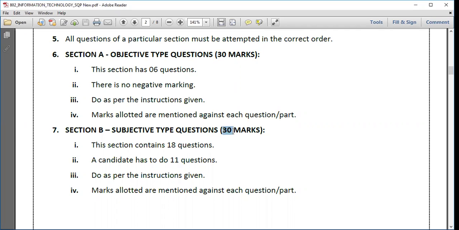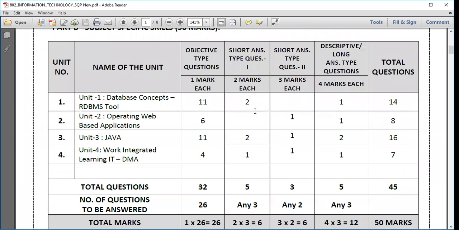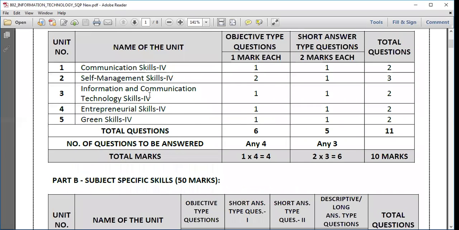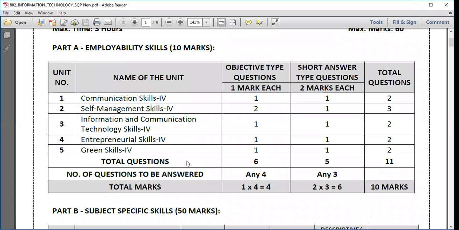So basically your question paper will have 30 marks objective type paper जिसमें से 24 marks का आपका subject skills होगा जिसमें database, Java और जो जो chapters हमने किए थे open office के वो सब cover होंगे और 4 marks objective type आपका है employability skills से, जो अभी हम start करने जा रहे हैं.